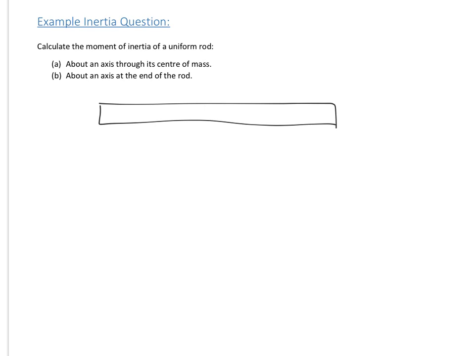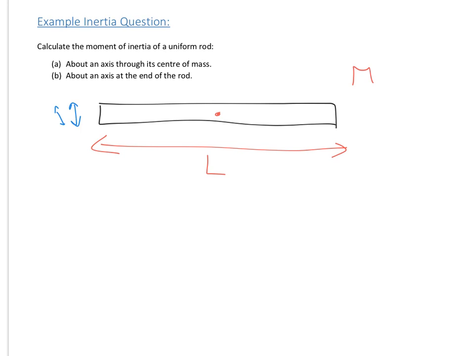What we say is we've got a rod of length L, mass is going to be M, and to start with we're doing it about its centre. So we're going to ignore the other dimensions, so we're going to consider it being thin and it not having any depth, so these other dimensions don't matter at all.